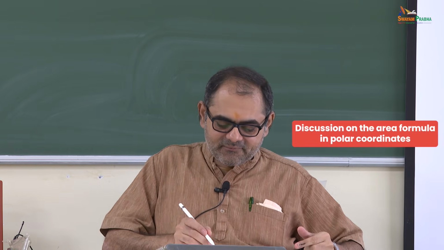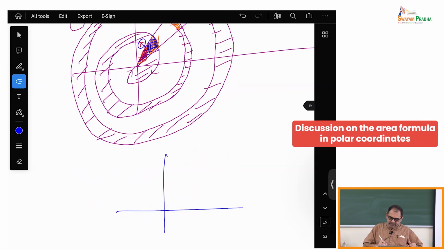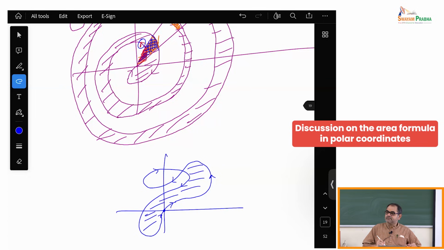Had you taken a curve like this, suppose I started from this point and went like this, think of something like this. For this kind of curve, this area is positive, a positive orientation, whereas if you take this region, it is clockwise, so this is negative area.